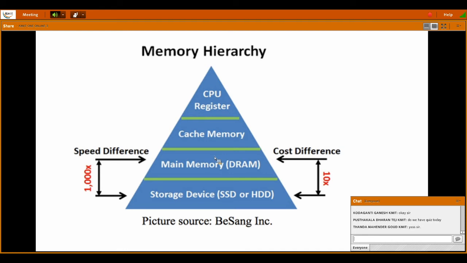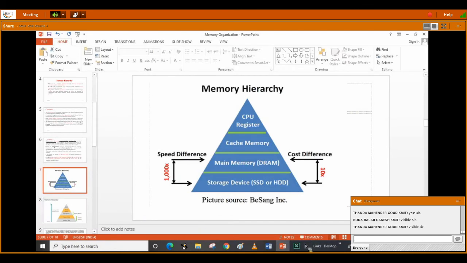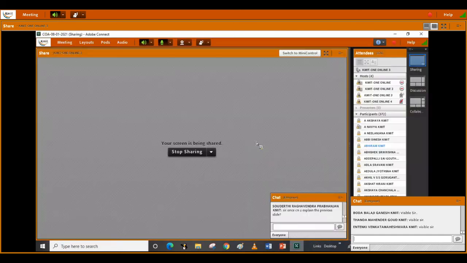Yes, is my screen visible or not? Yes, everyone. Is my screen visible or not?